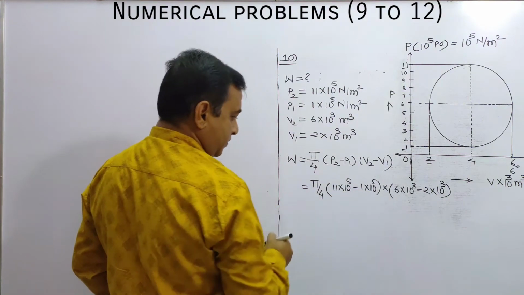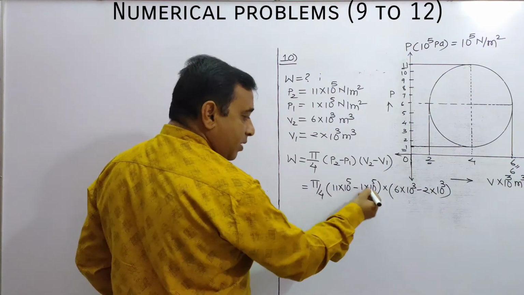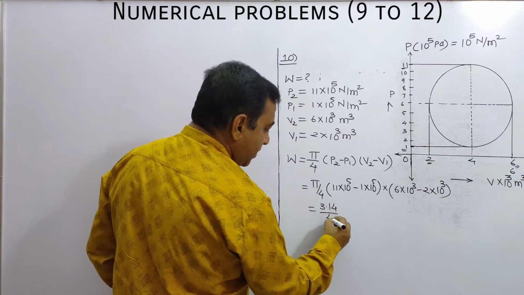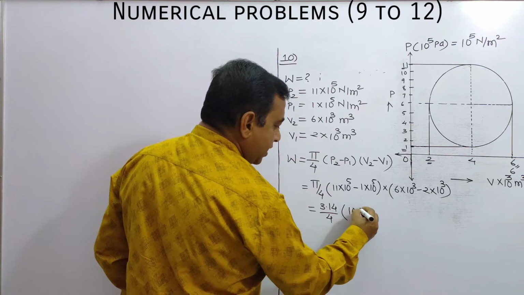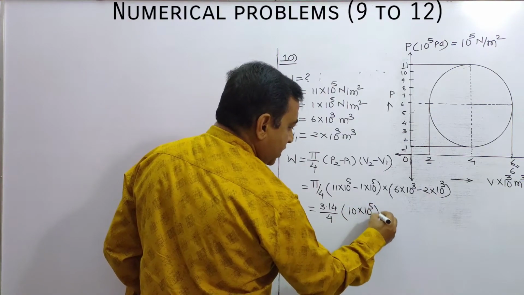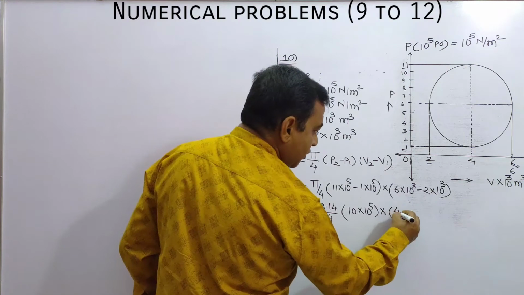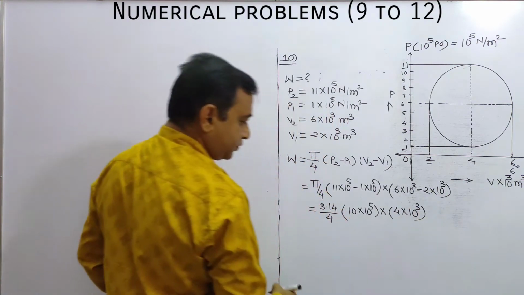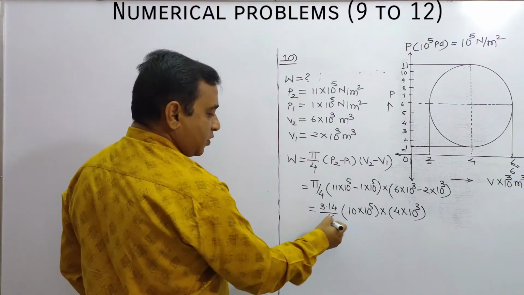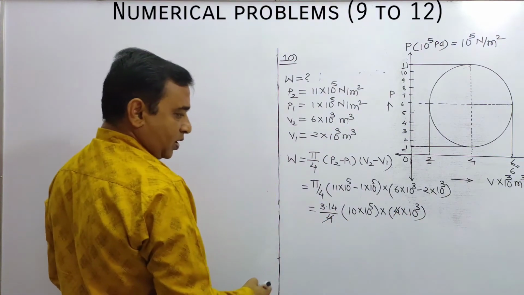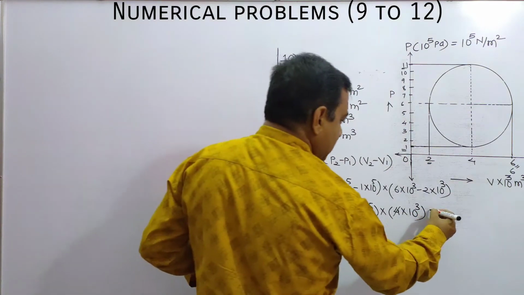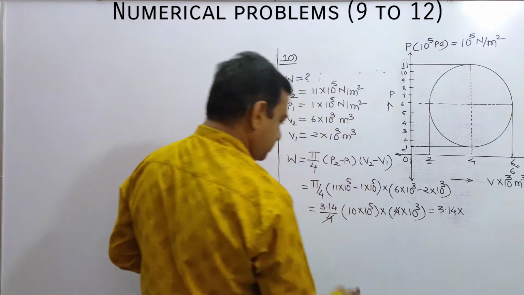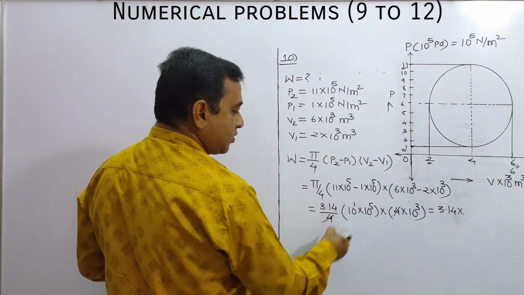So 11 minus 1 is 10. Substitute 3.14 divided by 4 into 10 into 10 raised to power 5 into 4 into 10 raised to power 3. This 4 cancels with this 4. Now collect the powers. The remaining factor is 3.14 into 1.